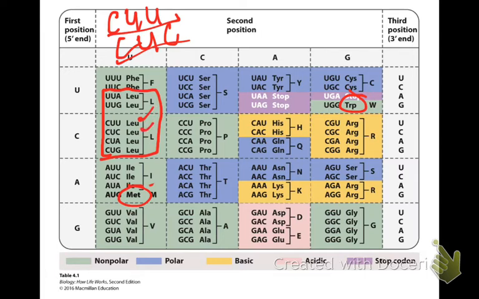So if there is a mutation and I do mess up that last base, then nothing happens. I'm still getting leucine in that specific location where that codon is in the sequence. So it doesn't really matter, and that is actually pretty valuable. These mutations don't end up resulting in anything detrimental.